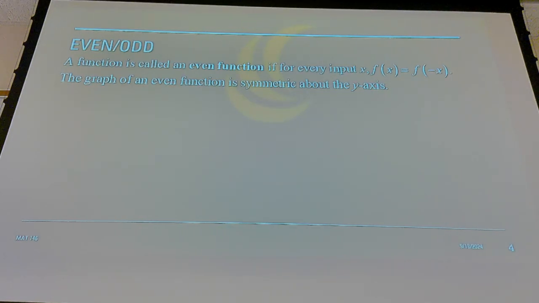But I would argue x cubed has the same property. The y-axis is the center, divides the graph in half, but that's not symmetric about the y-axis. Whereas x squared is. So like the absolute value of the x values all have the same y value. And if it's like 2 and negative 2, they have the same y value. Yes, that is true. What is that interpretation in terms of the graph?